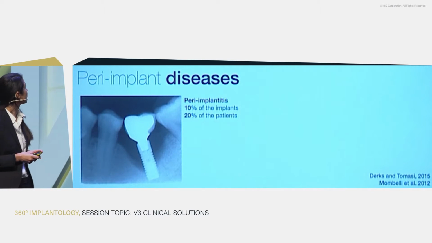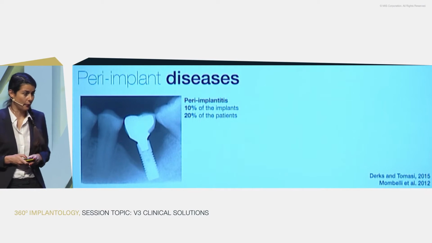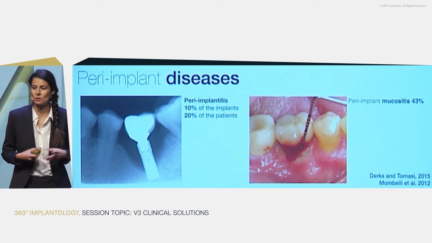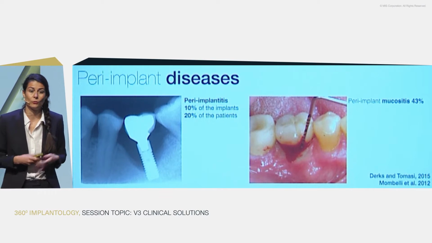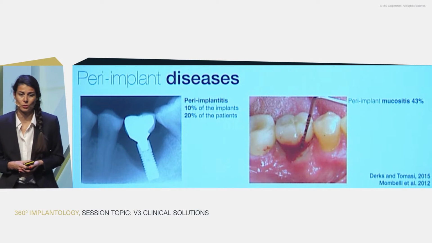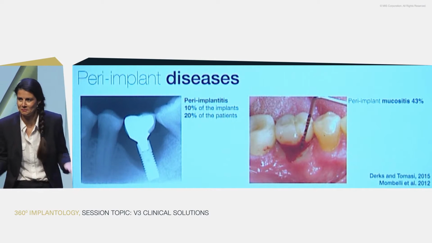And this is the case for 1 implant out of 10. And even worse, if we're looking at mucositis, which is in a way the first step before further development of such disease, it's almost 1 out of 2, 43%.